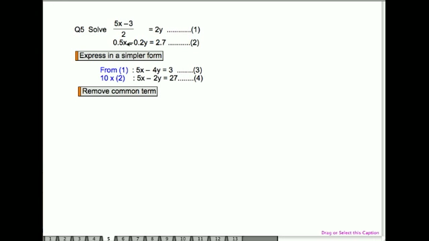And in the second equation, we multiply by 10 to remove the decimal point to give us 5x minus 2y equals to 27. Now we have a common term in 5x. We can remove it.